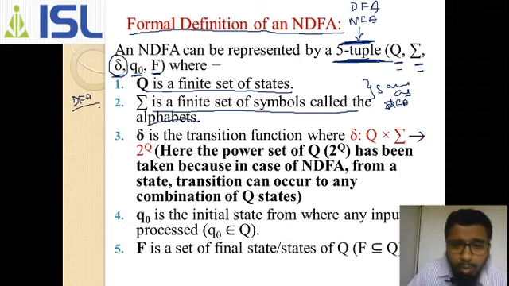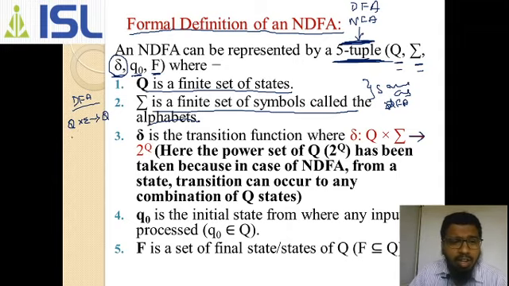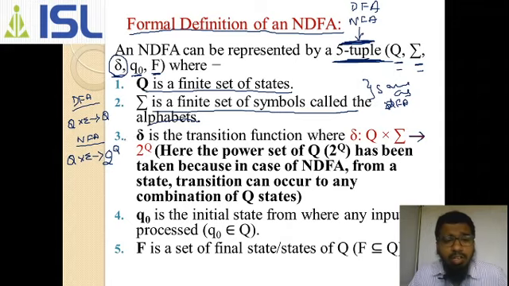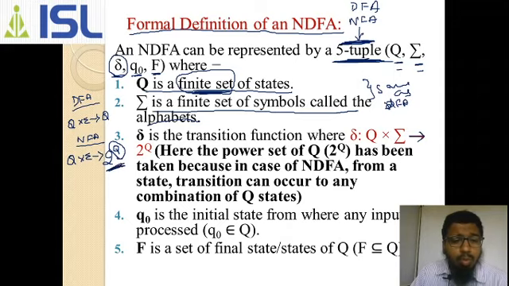In DFA we have Q cross sigma to Q. But in NFA, Q cross sigma is 2 to the power of Q. Any combination is possible from the finite set, so that many combinations are possible, which is why we write 2 to the power of Q. For example, if Q is A, B, C, then that many possibilities are there, 2 to the power of Q.